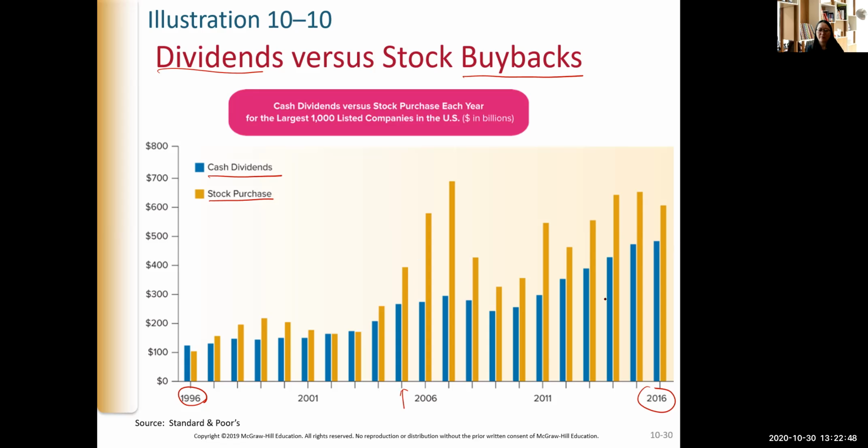Okay, so that's what I want to tell you about this graph. At the same time, the buyback decision is very volatile, meaning it changes a lot. Some years it can be very little, some years very high, right? And cash dividends seem to be managing people's expectations. They are less volatile, more stable.